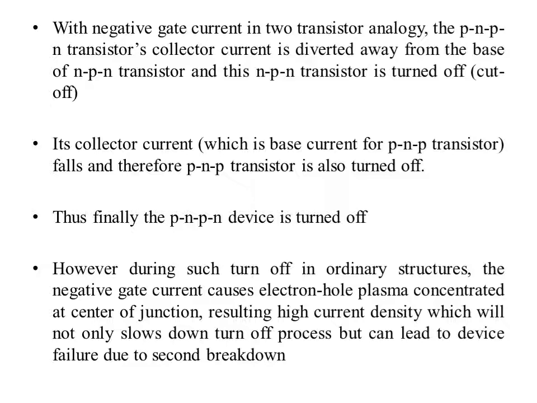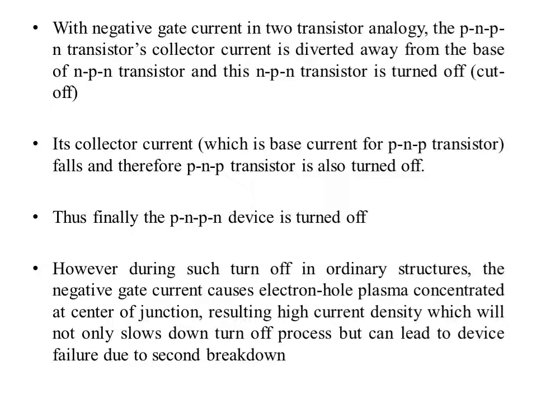The prime objective of GTO is to make the turn off time fast enough to turn off the device. But by this method, first of all, we need to divert the current from the PNP and NPN transistors.